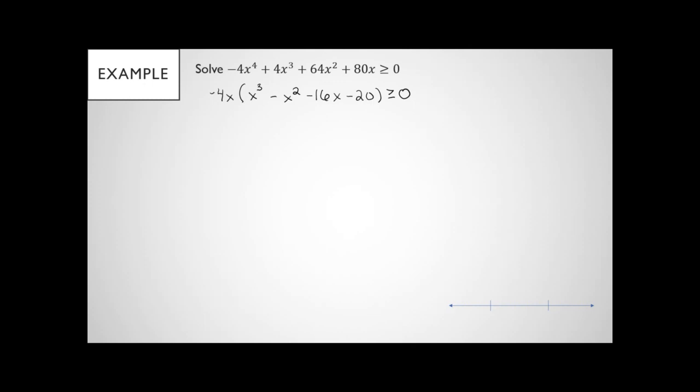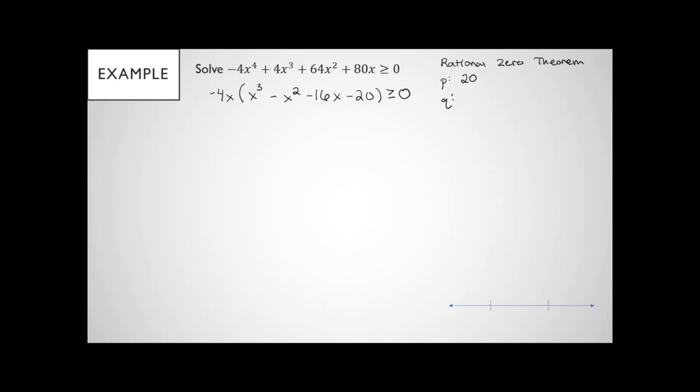So I first factored out the greatest common factor, and now we have something that's cubic. And I also cannot do grouping on that, so that's where we have to go through synthetic division. And that's where you have to start guessing on where you think your zeros are. So that means we're going to have to use the rational zero theorem. So P is the constant, so that's going to be 20.